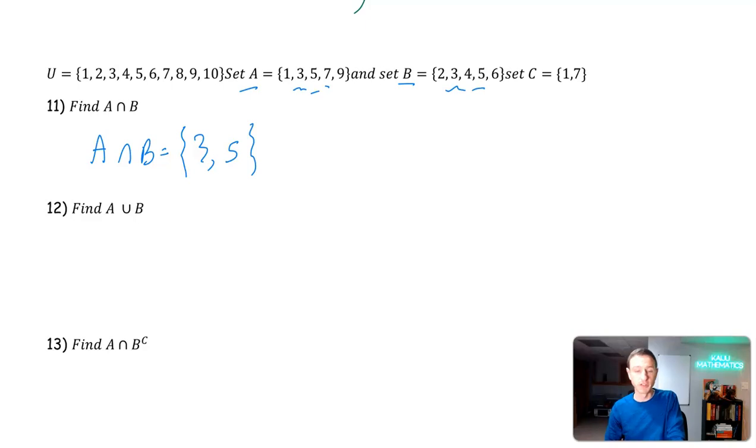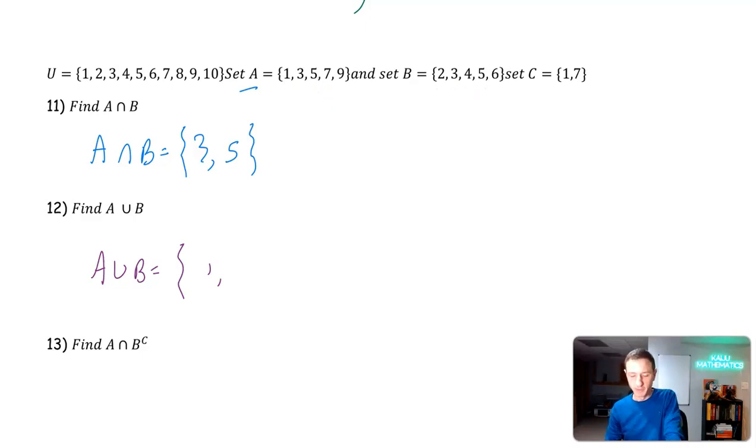Find A union B. So put the sets A and B together. We're unioning them together, so we're putting them together. So that's going to make up all elements, and we don't want to repeat elements, so we just write it once. Let me erase my previous little markings here.